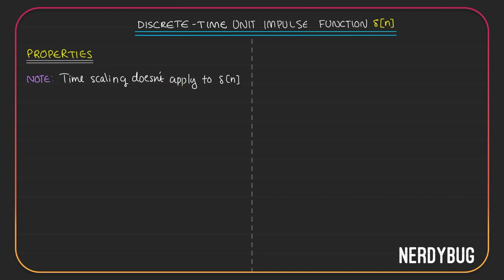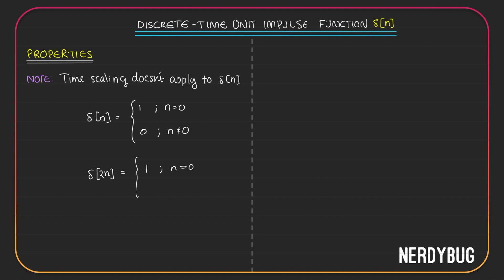Let me prove it to you. So, we already defined delta of n. It will be 1 if n is equal to 0. It will be 0 if n is not equal to 0. Let us say we have delta of 2n as an example. At n equal to 0, you will get delta of 2 into 0, that is delta of 0. So, you will have 1.